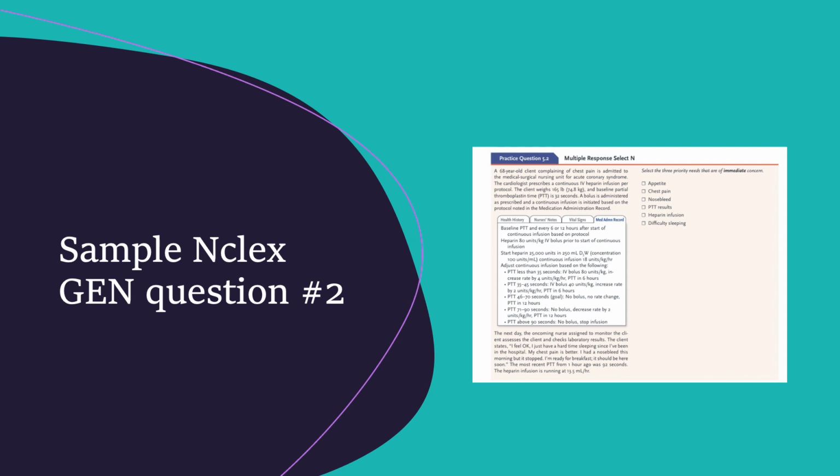So do you see why those 3 were chosen? In any other instance, chest pain would be a priority, but not in this situation because the lady clearly stated that her chest pain was better. All right, great job. I know you guys got it right.